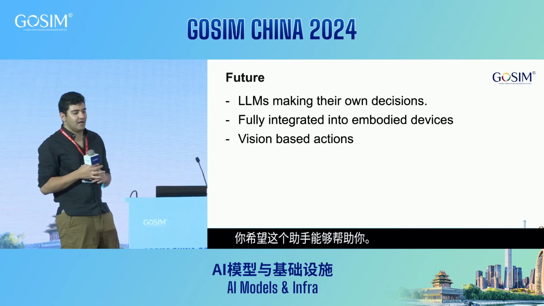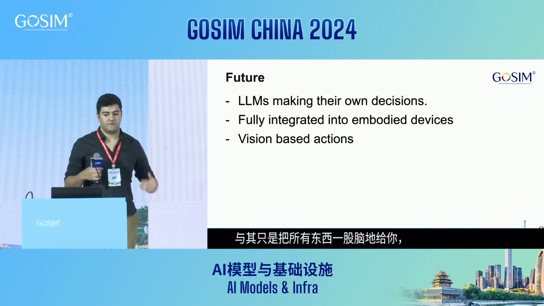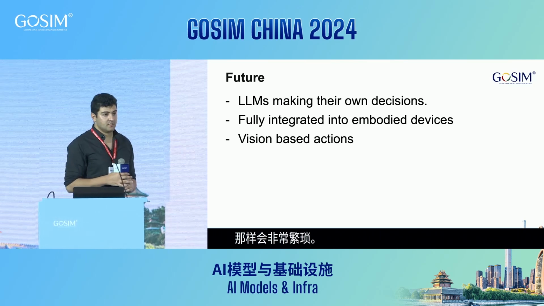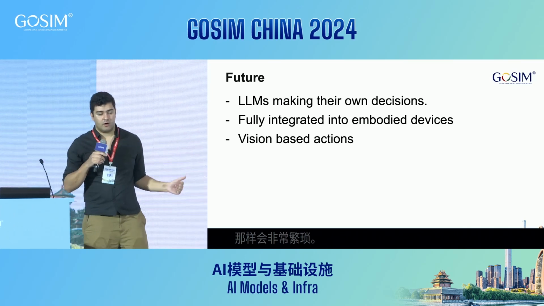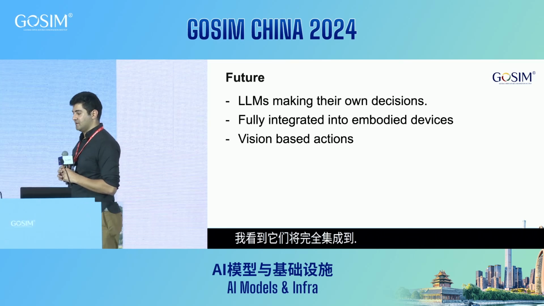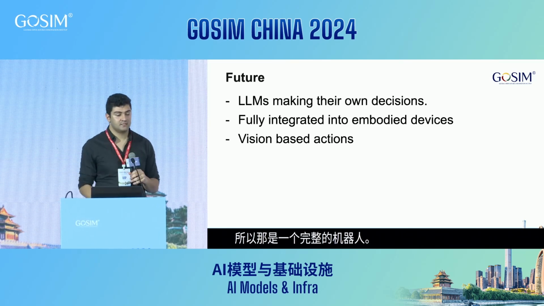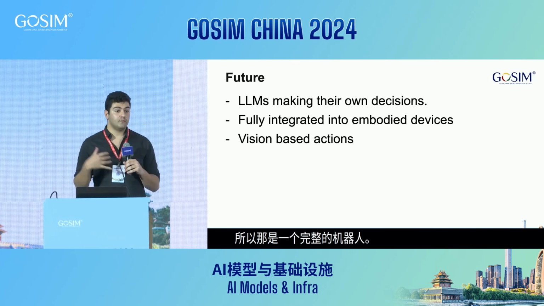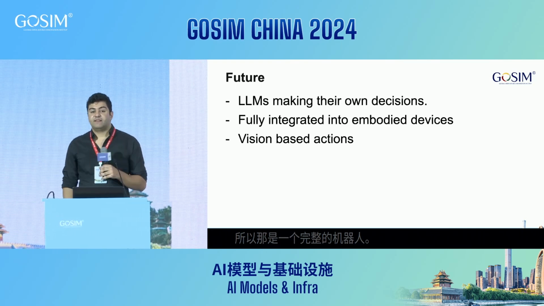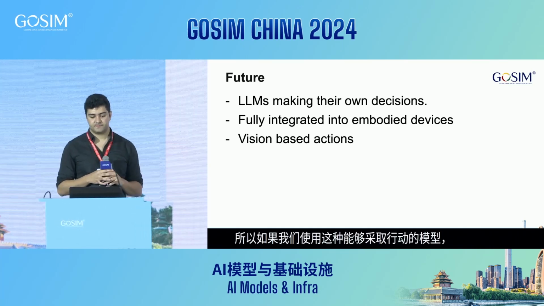And I see that they're going to be fully integrated into physical embodied devices, like a robot. If we put this type of model that is capable of taking actions, it will physically move and take the action rather than just digitally having those assistants.